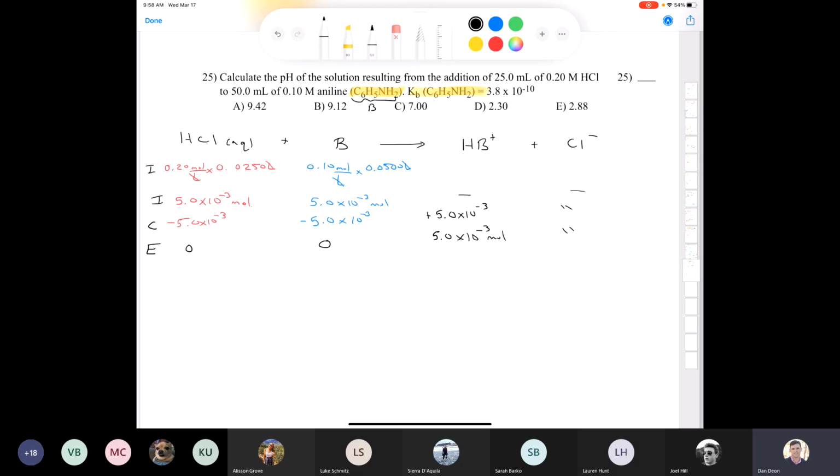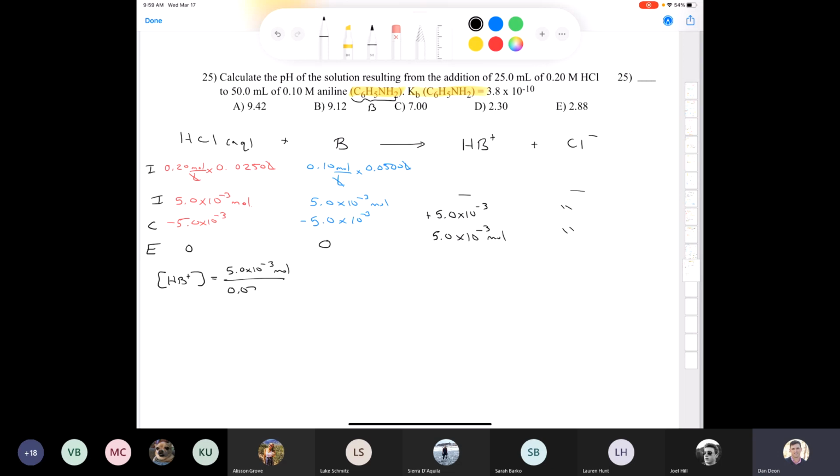So what's the concentration of our conjugate acid? Right, we need to know the concentration of the conjugate acid. The concentration of the conjugate acid is going to be equal to the number of moles, 5.0 times 10 to the negative 3 moles, divided by the total volume, which is 25 plus 50. So that's 75 milliliters.